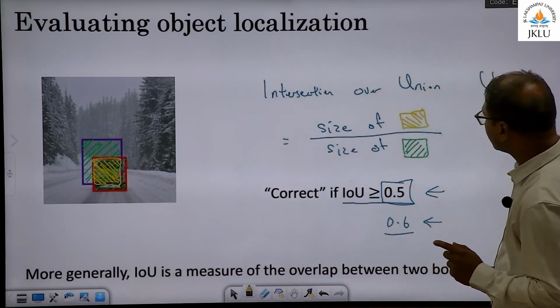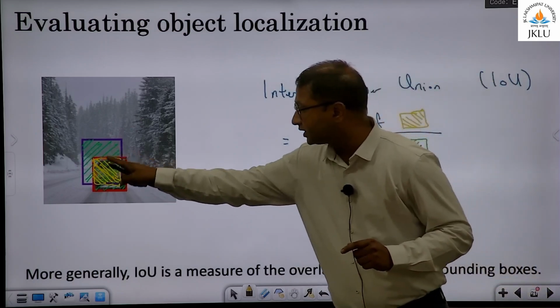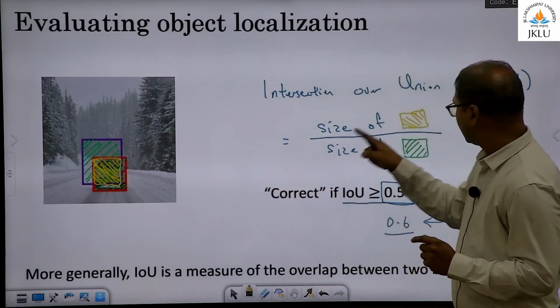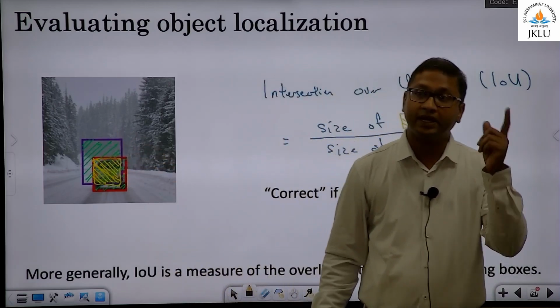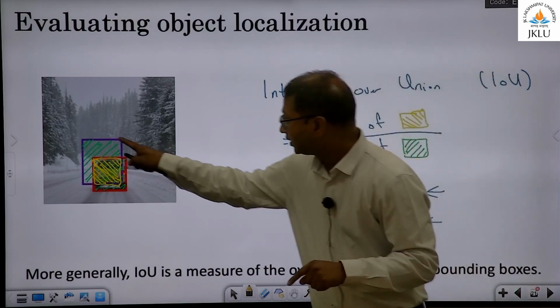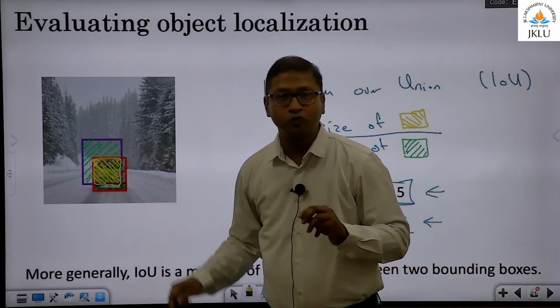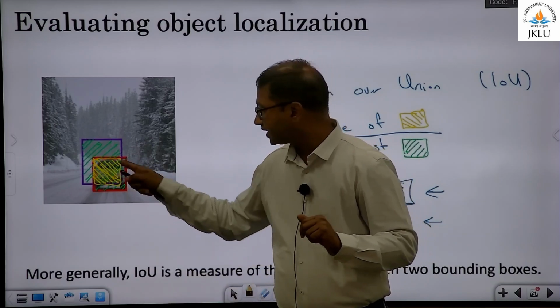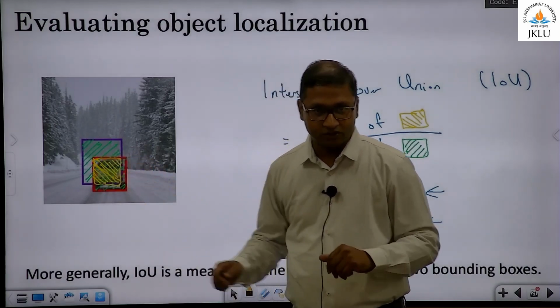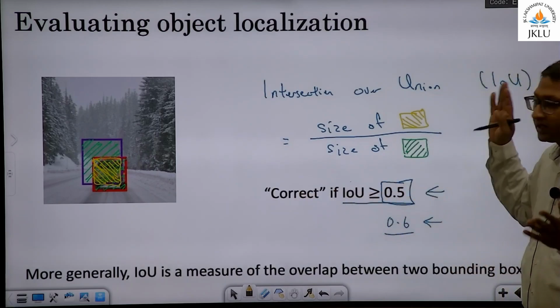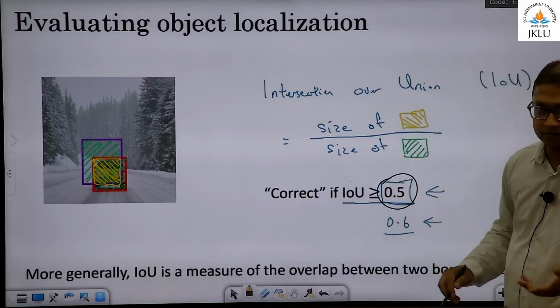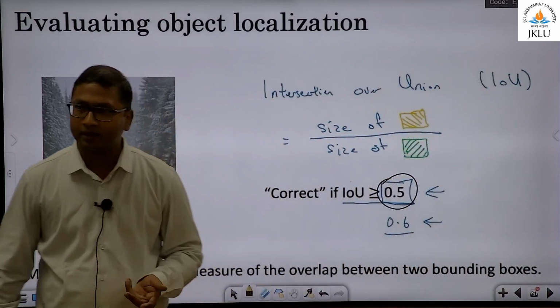Intersection over union is basically the size of intersection divided by the size of union. Union means the area of the union of the two bounding boxes. Intersection, the one that is common. Okay. So correct if IOU is greater than 0.5. You decide this threshold.